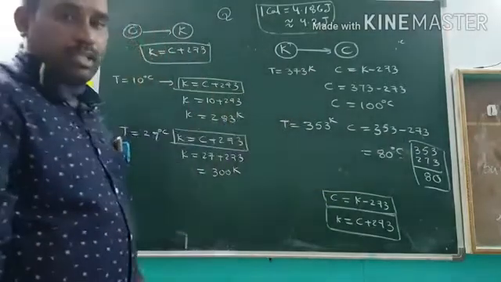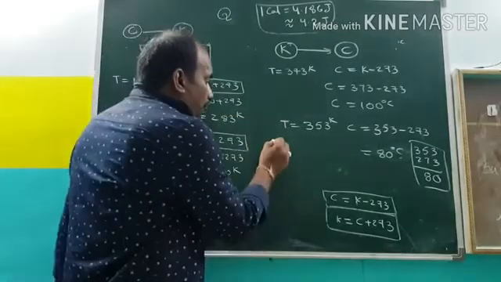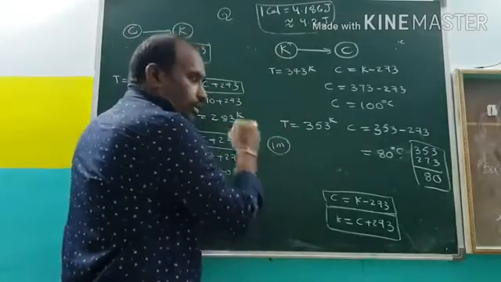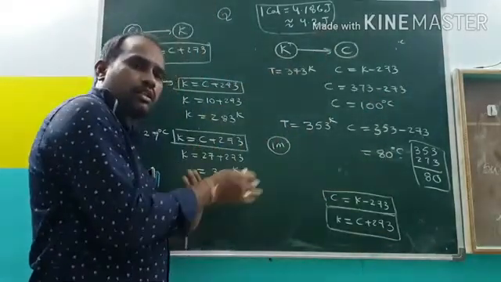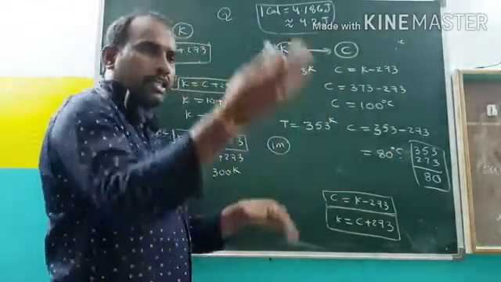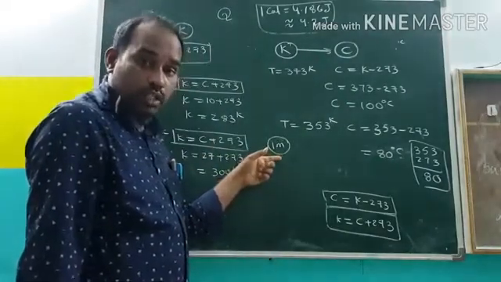Based on this concept, in the SSC 10th class public examination, you get a 1 mark question. What is the 1 mark question? They give Celsius to be converted to Kelvin, or they give Kelvin to be converted to Celsius. It is a 1 mark question.